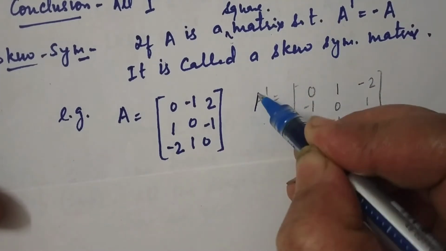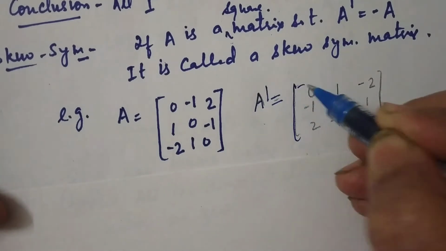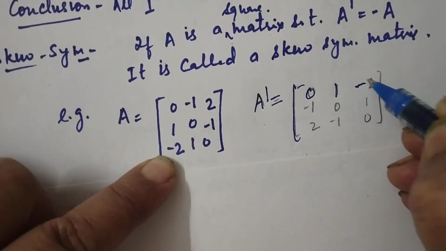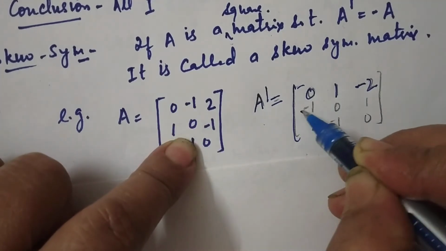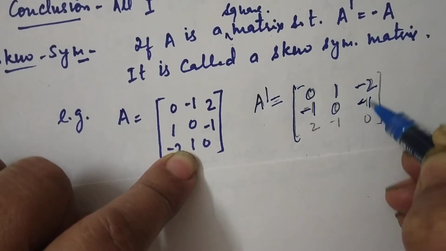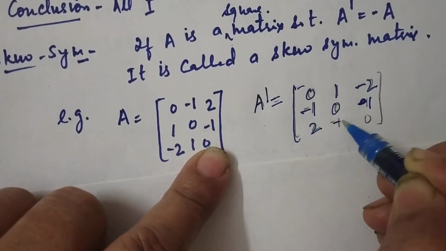And if I find the transpose of A, what do I get? This column becomes the row: 0, 1, minus 2. This column: minus 1, 0, 1. And this is third column: 2, minus 1, 0.